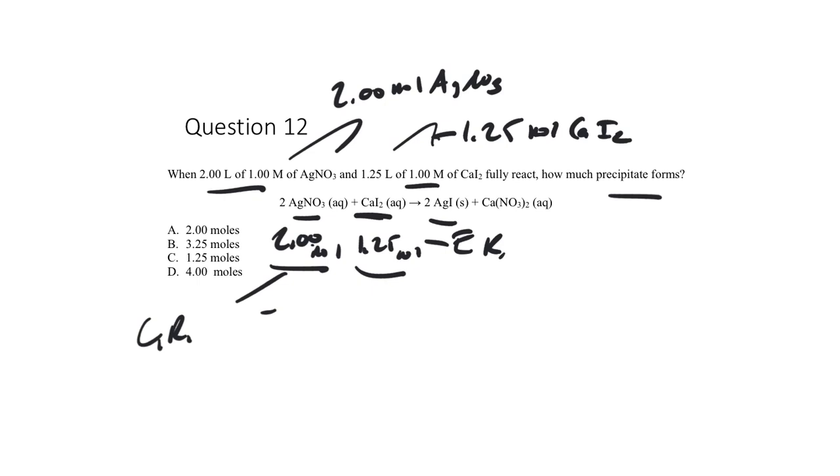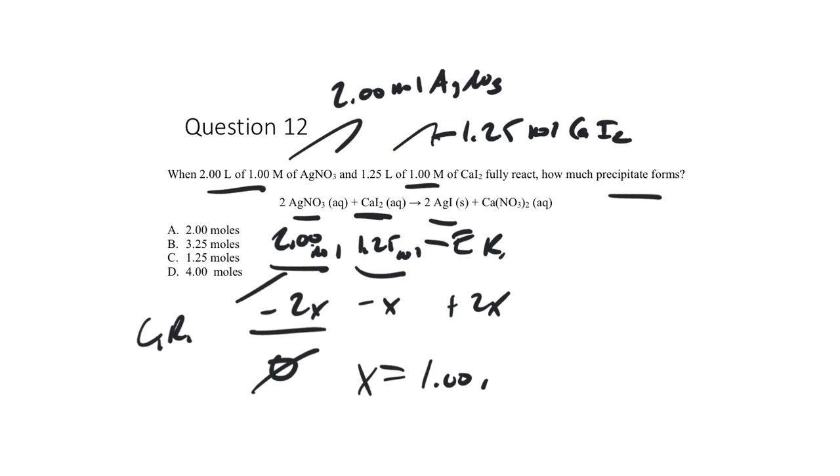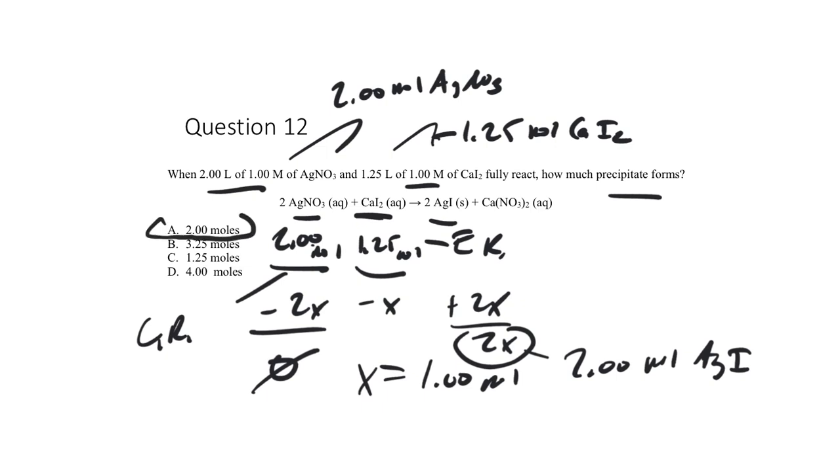If I'm losing all 2 moles, going down to 0, my x would be equal to 1 mole. So we should be forming 2 moles of AgI. How much precipitate forms? 2 moles of AgI.